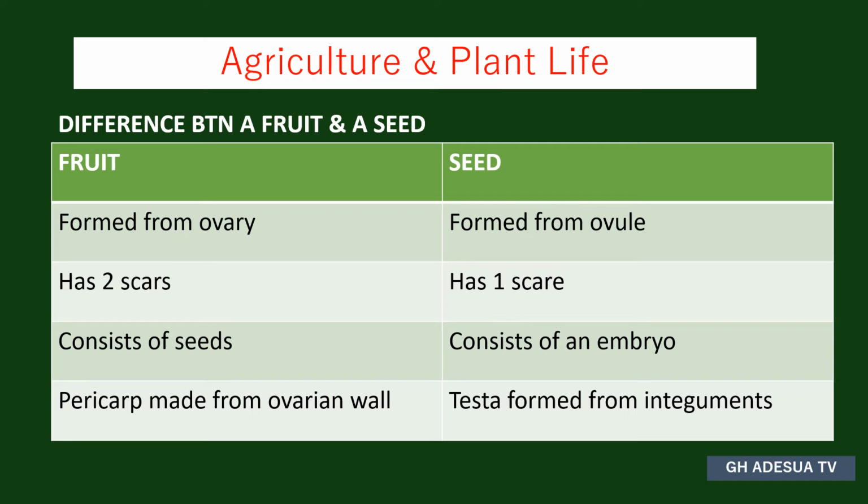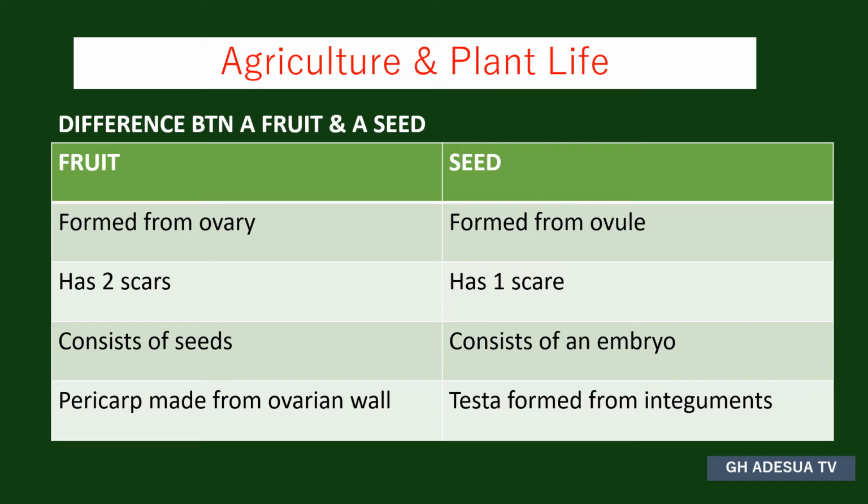Now we are also saying that the fruit consists of seeds. So inside the fruit, you would find seeds, whereas the seed consists of an embryo. So inside the seed, you find an embryo. Now the fruit has the outer portion called a pericarp.